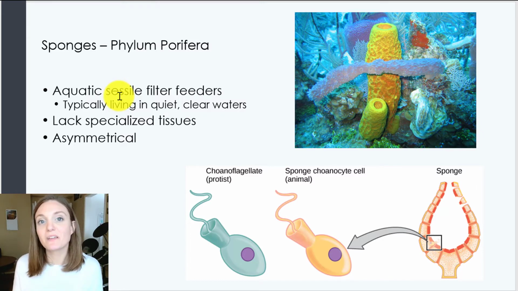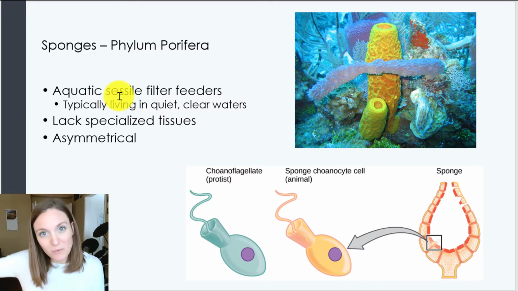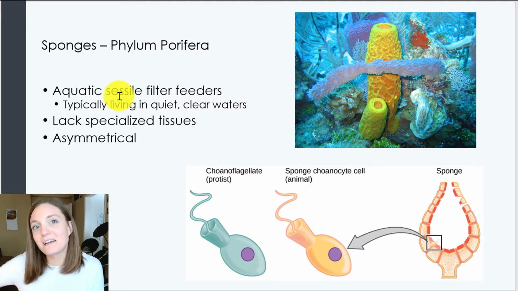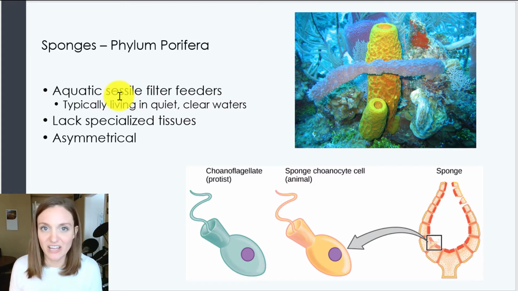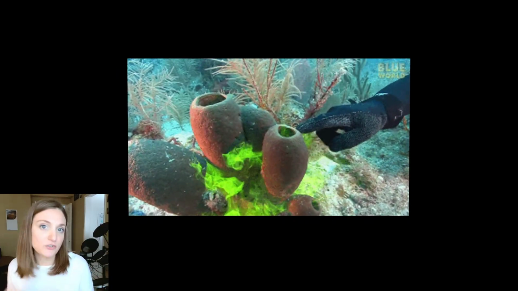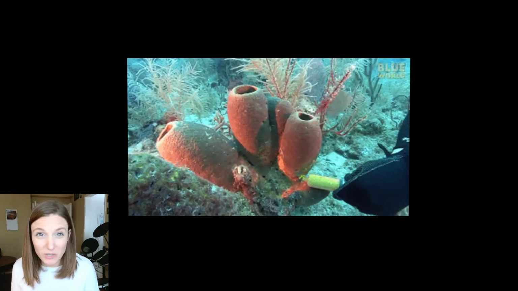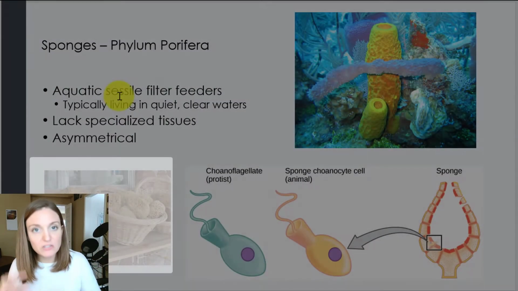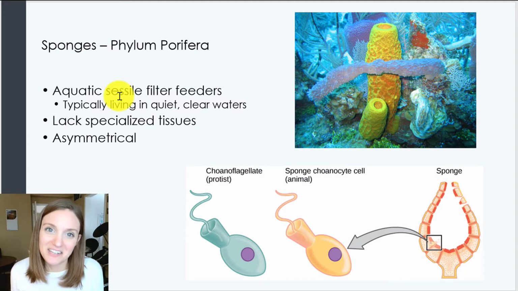All of them have free-swimming larvae that will swim away from the parent, but in their adult stage, they are sessile. They are stuck in one spot, and they are filter feeders. They're pumping water through their bodies and trapping bacteria, viruses, microorganisms, things like that. They're filtering out water and that's how they're getting their food.